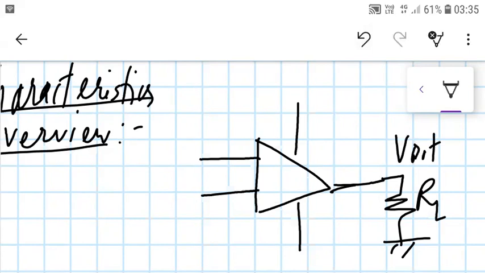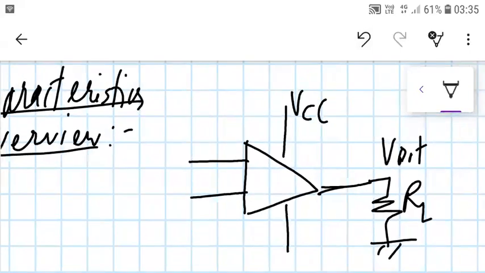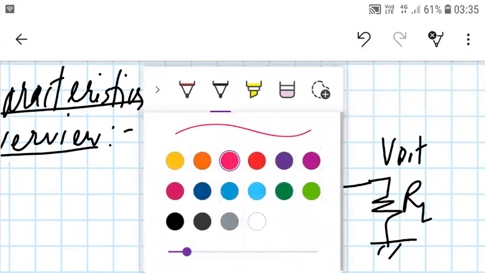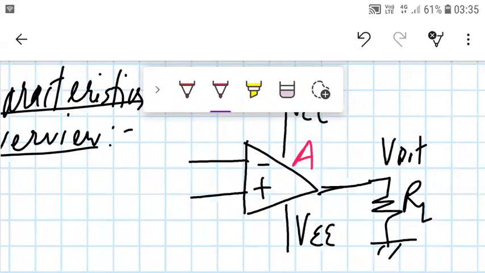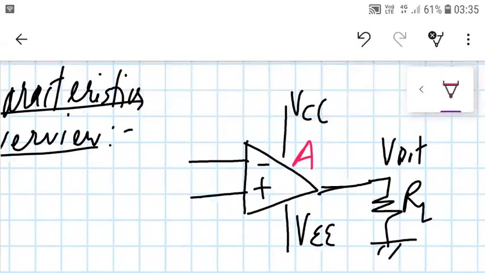And these are my power connections. This is VCC and this is minus VEE, and this we can call minus, plus. And the gain of the op-amp we can call A. So A is the gain of the op-amp.